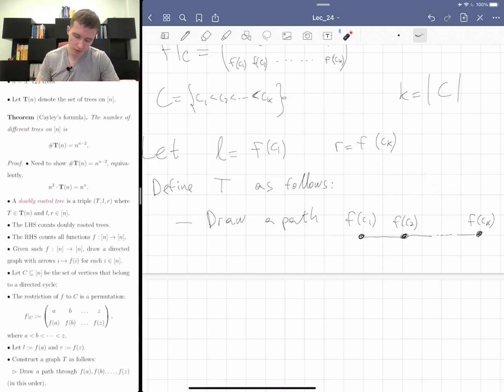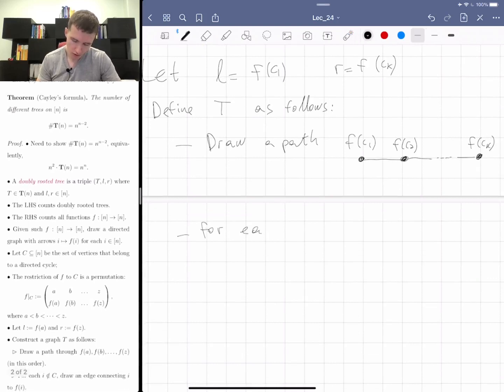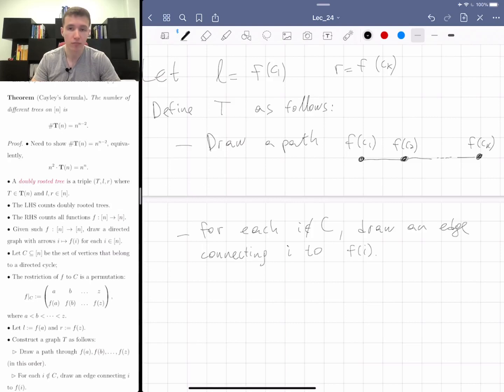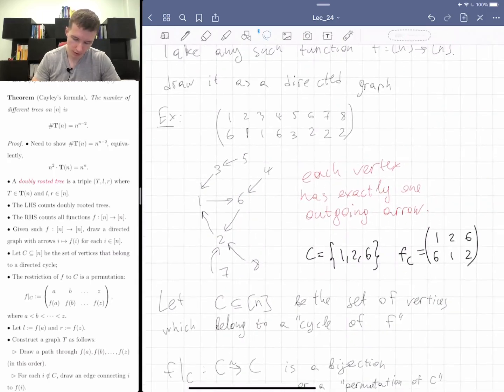And now what I'm going to do is, for each I not in C, I'm going to draw an edge connecting I to f of I. So let us try to copy the example I had here.